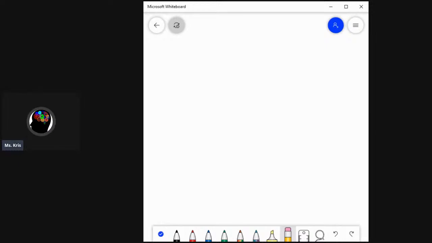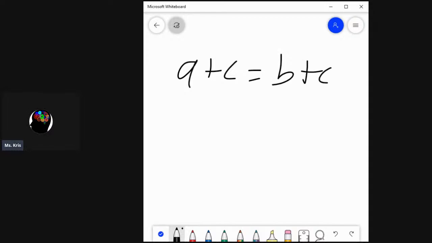So the first property of equality is the addition property. So addition property says that if A plus C equals B plus C, then A equals B.